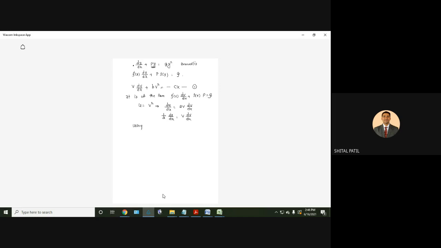Using substitution in 1, it is half du by dx plus bu equal to minus Cx. Now this is a linear differential equation in u.